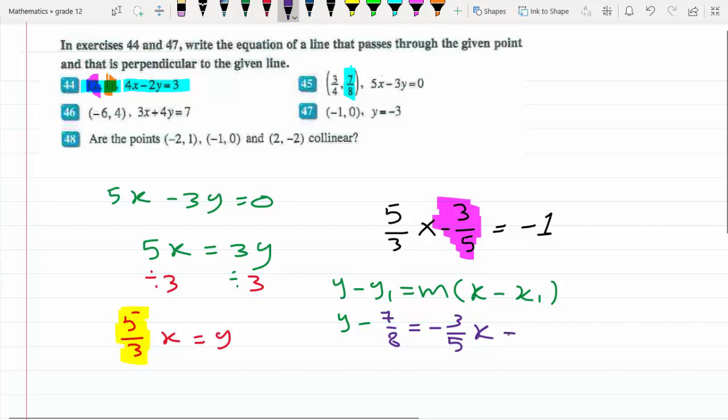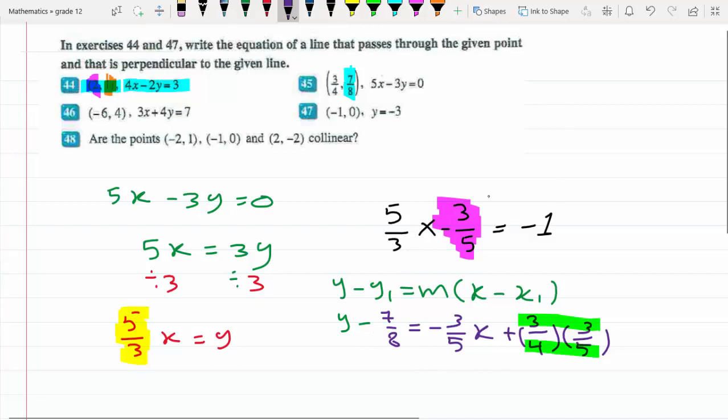With this negative, it will be positive 3 over 4. 3 over 4 is the x1. Negative 3 over 5 times 3 over 4, the 3 over 5 is the slope. This negative with this negative became positive. When we multiply fractions, we are multiplying up with up and down with down. That's how we multiply fractions. Okay, and this fraction here is negative. We're going to send this to the other side.